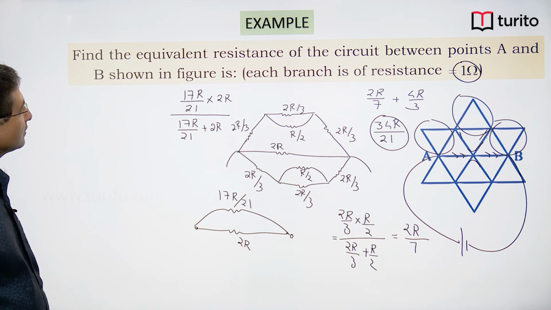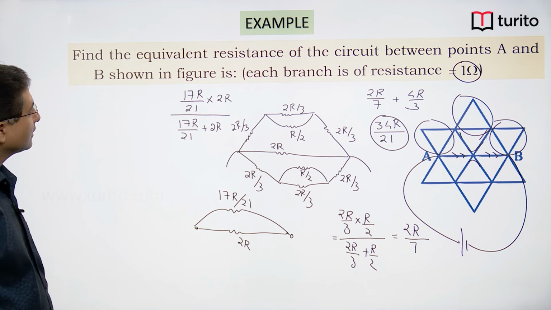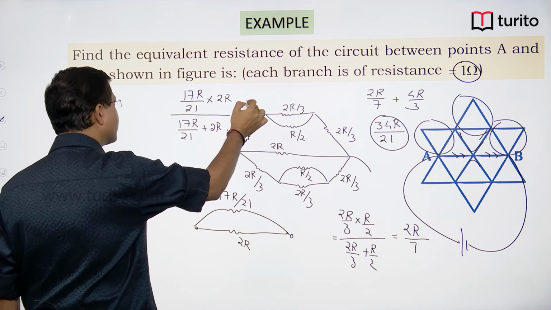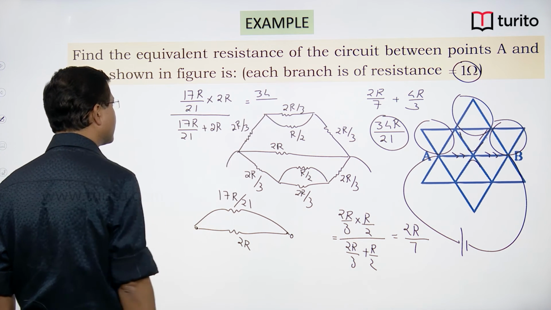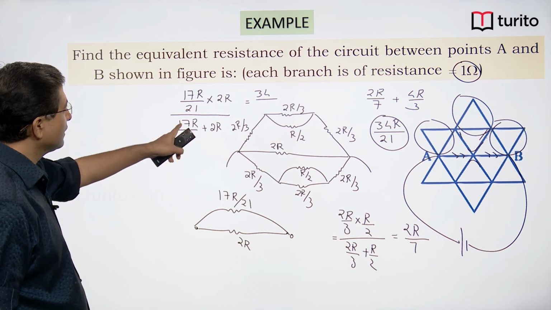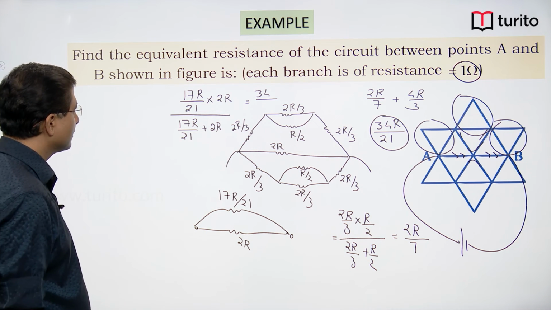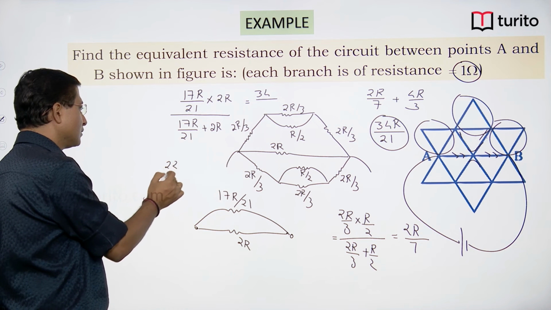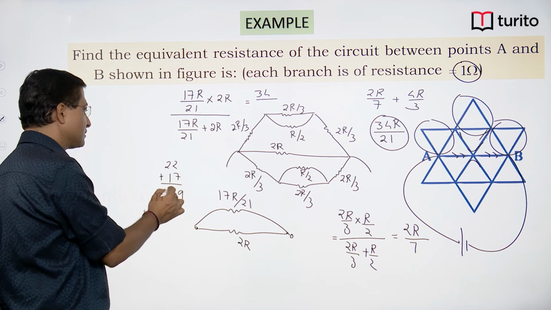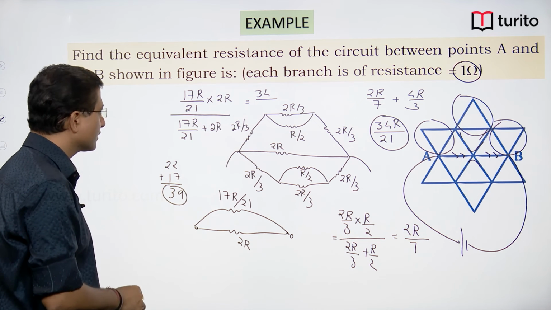If I simplify, then here I am getting 34, and then in the denominator I am getting, if you multiply, this will become 22 plus 17.